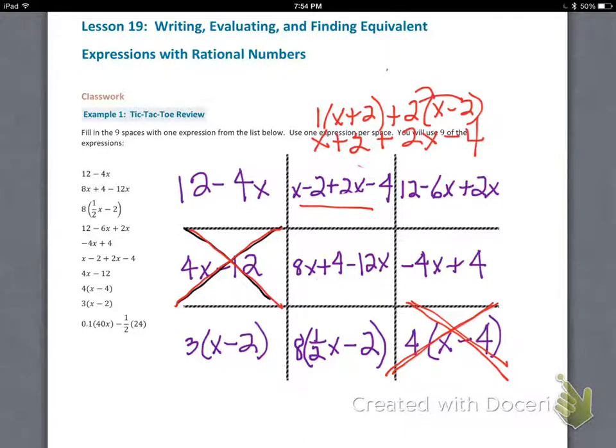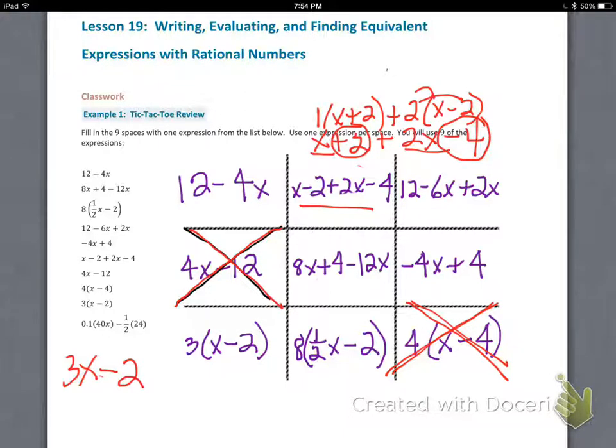Now if I combine like terms, which is what I do next, and again, becoming familiar with that like term idea, I have an x and then 2x, which gives me 3x, and then I have a positive 2. This is where positives and negatives mean so much, and then a negative 4, which is going to give me a result of negative 2.